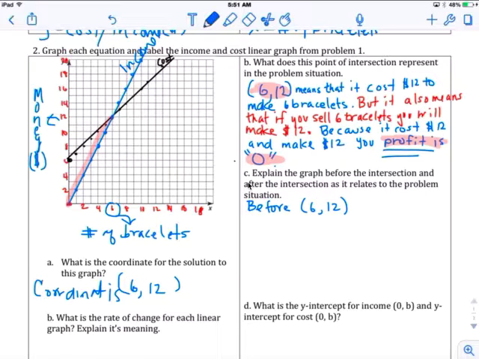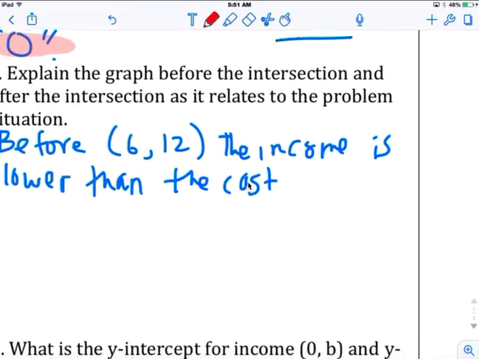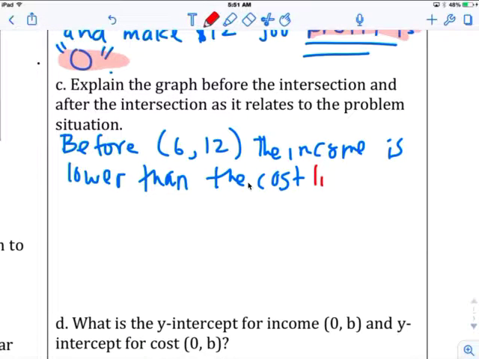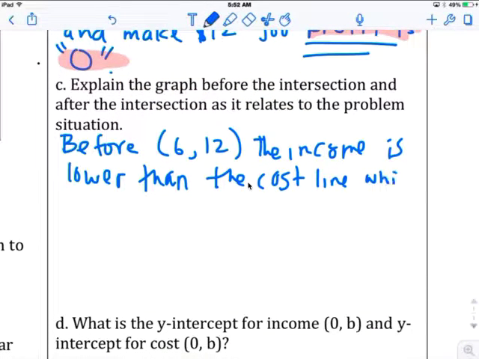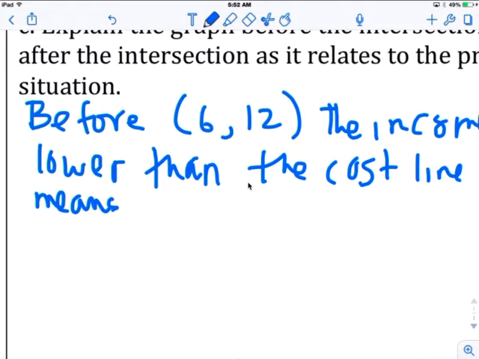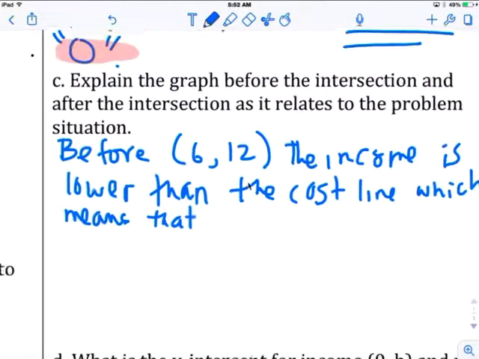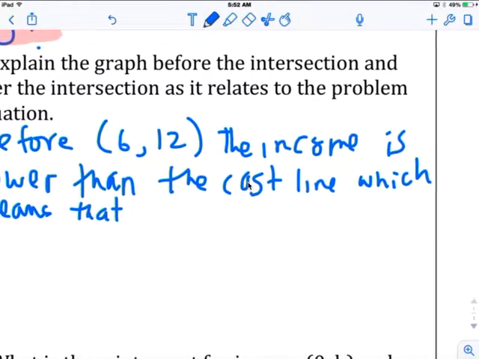See how before, the income is lower than the cost, which means that the income is lower than the cost, which means that you make less than what you buy it for.